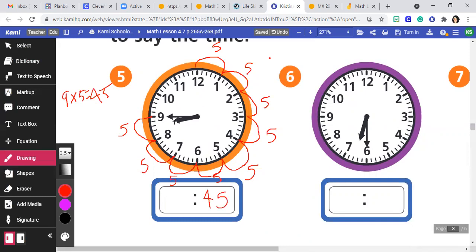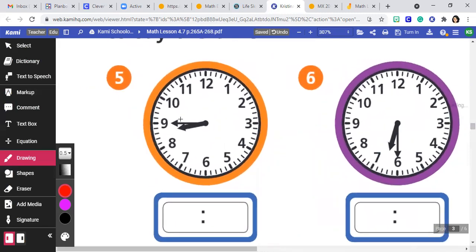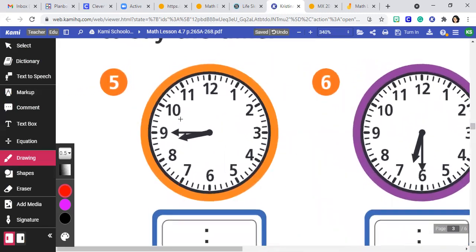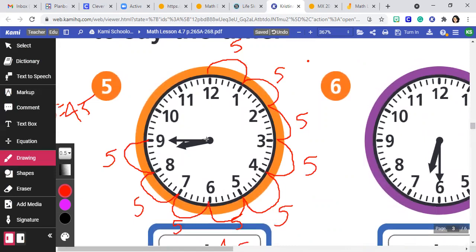Now let's look at this bigger, thicker, not longer, shorter hand. I'm trying to describe it the best of my ability. This is not pointing directly to an hour. It's not pointing to 8 o'clock, nor is it pointing to 9 o'clock, but it's somewhere in between. So because we're going to have to think about this, what time is it?